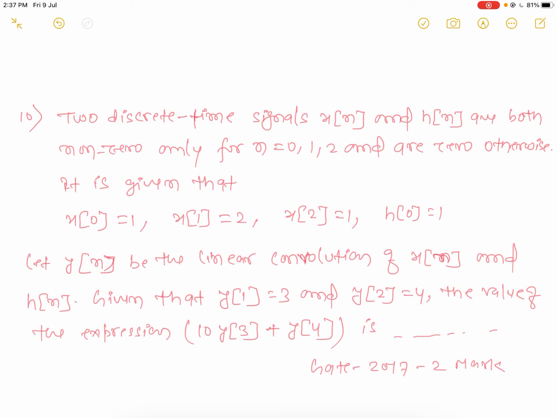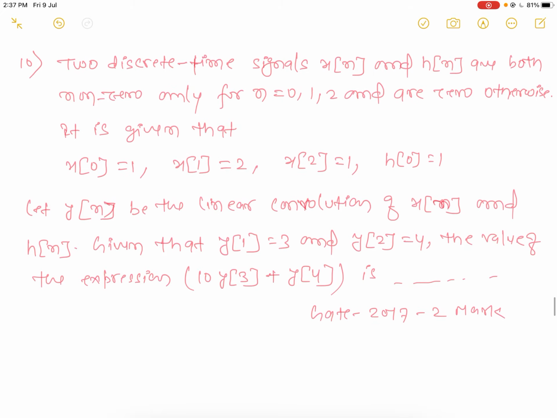Let y[n] be the linear convolution of x[n] and h[n], given that y[1] is equal to 3 and y[2] is equal to 4. The value of the expression 10y[3] plus y[4] is what we have to find out.